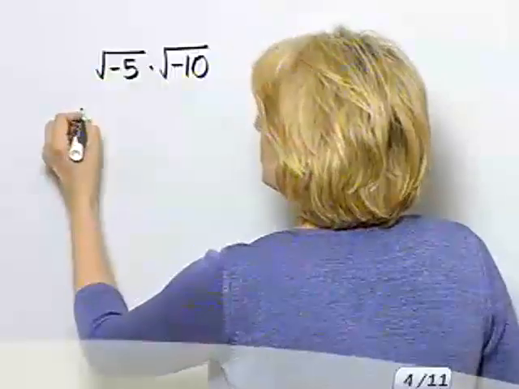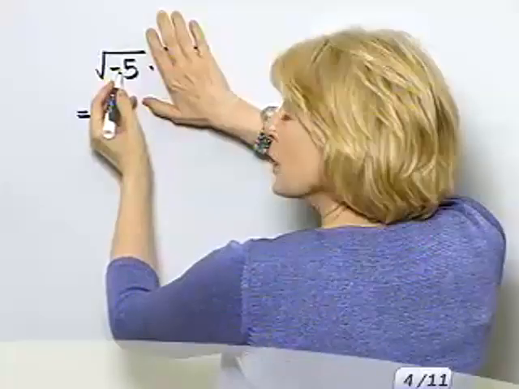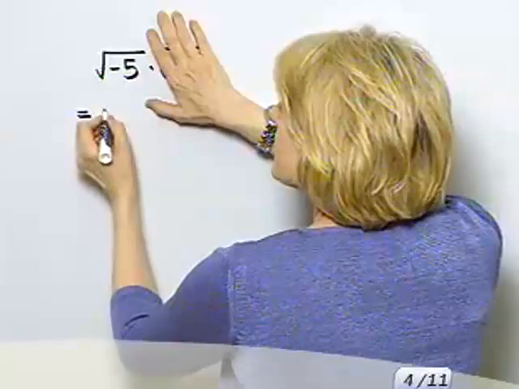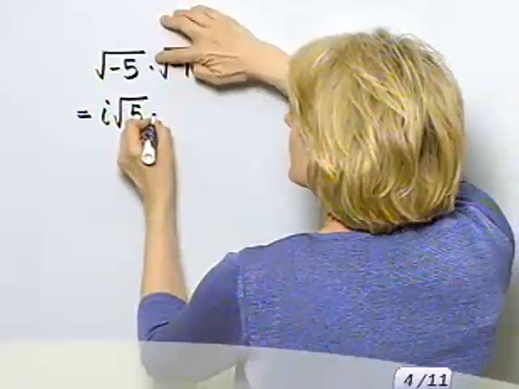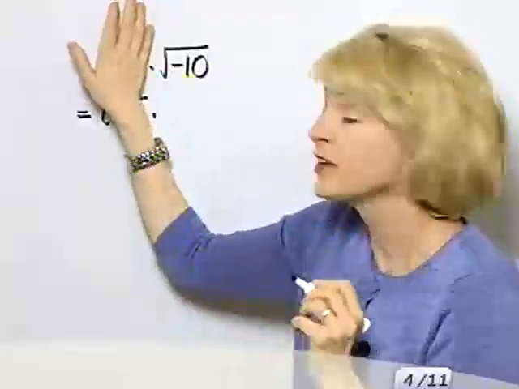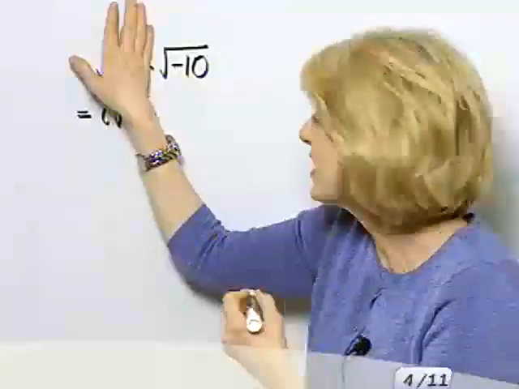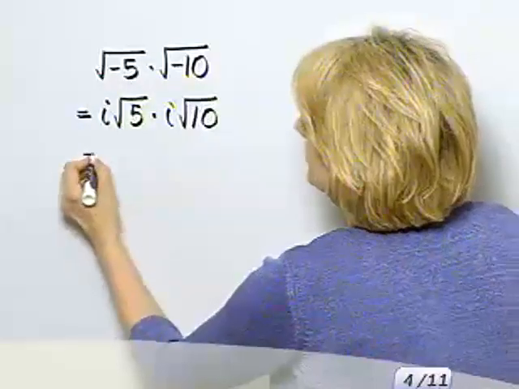So, for example, let's just deal with the square root of negative 5. Well, that's the square root of negative 1 times the square root of 5. So that's i square root of 5 times, concentrate on the second radical, that's i square root of 10.